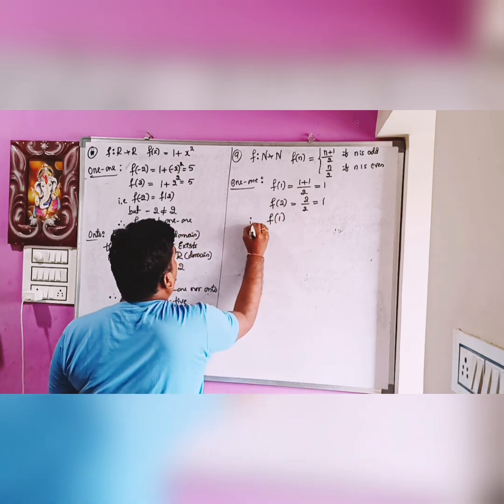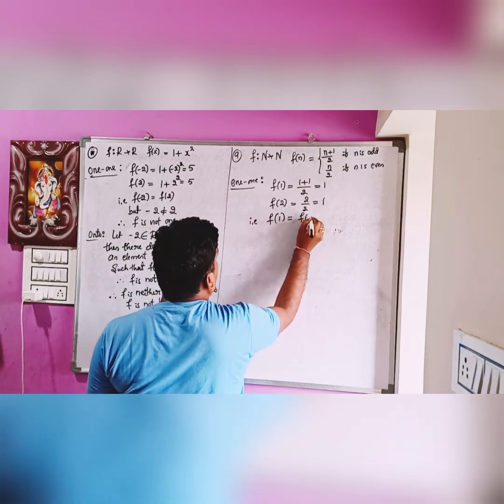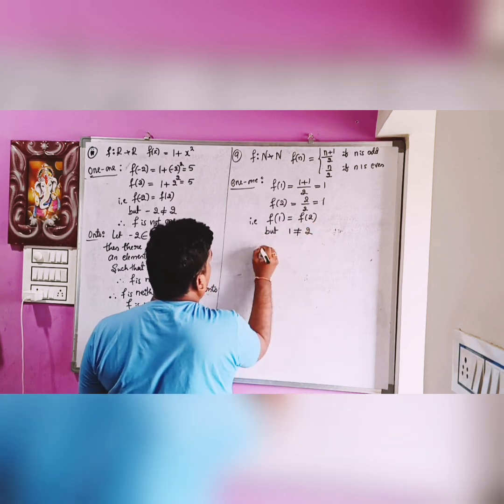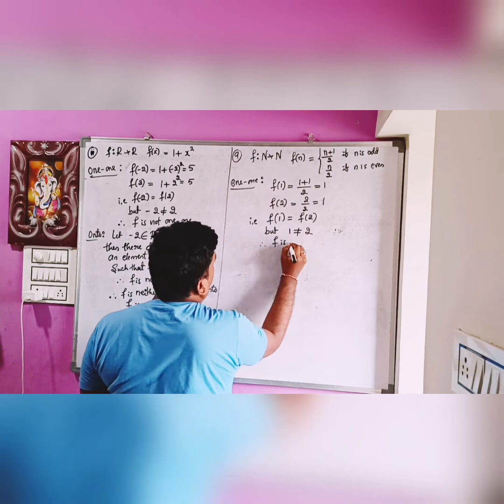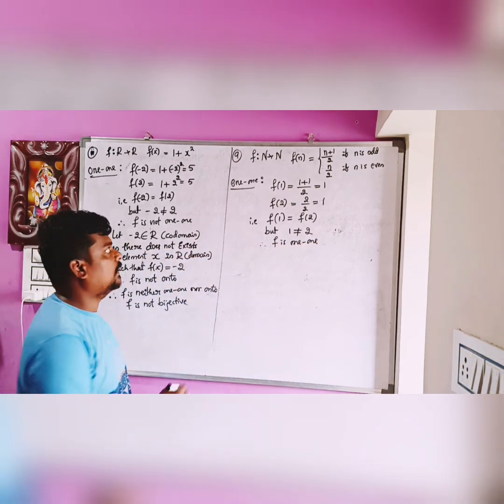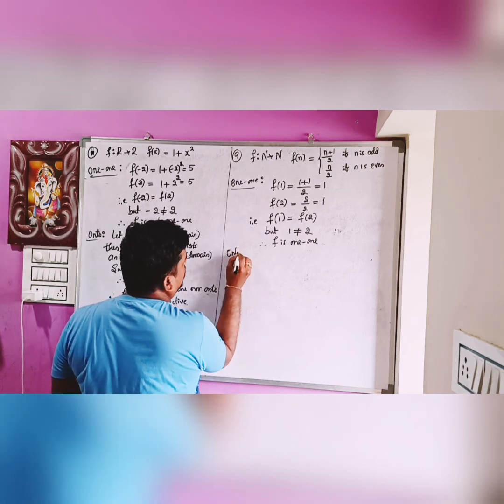That is, f of 1 is equal to f of 2, but 1 is not equal to 2. Therefore f is not one-one. Onto function.